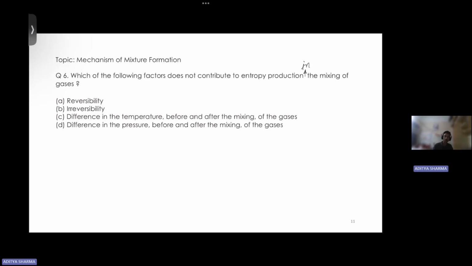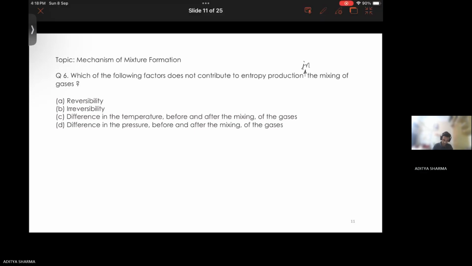So when there is mixing of gases and we get a gas mixture, there is entropy production. So which of the following is not a valid reason for the entropy production in case of mixing of gases?